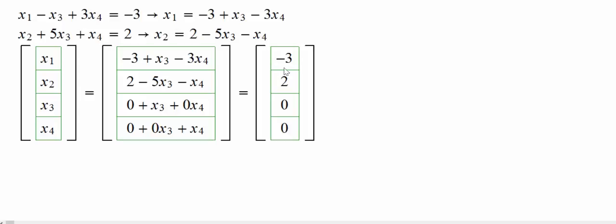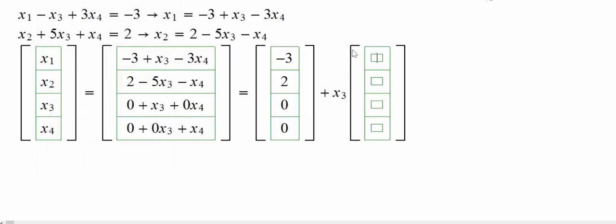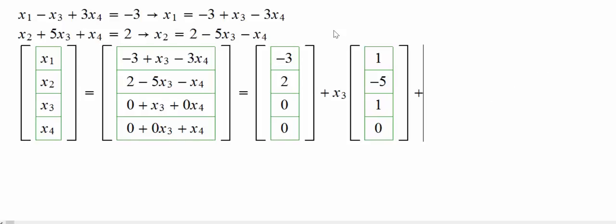Okay, here we go. And then we are going to write the coefficient of x3. What we will have from here is 1, then negative 5, then 1 again, and then 0. So we wrote this down, right?